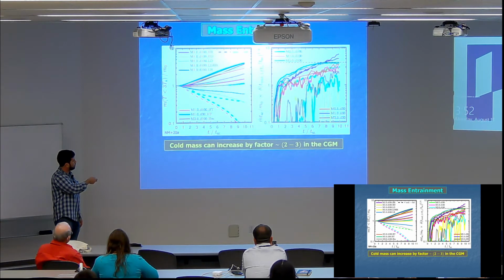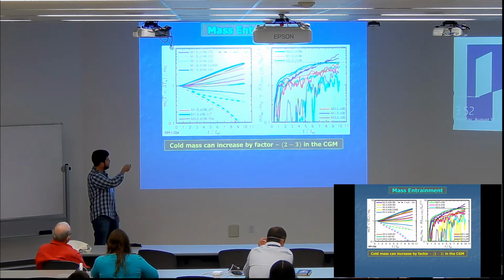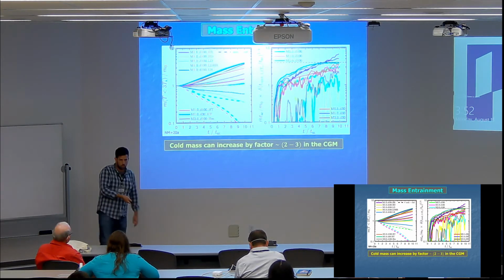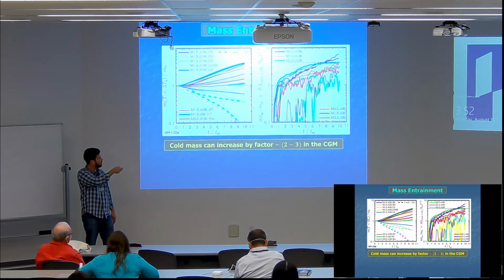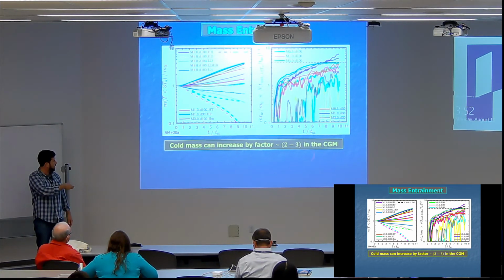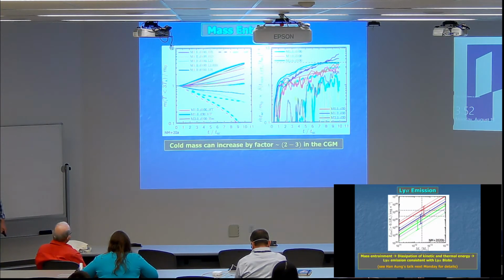You can actually look at the entrainment rate, how quickly the CGM gas is being entrained onto the stream. The dashed line here in this normalization is an analytic prediction for the asymptotic entrainment rate, and the simulations seem to approach the asymptotic prediction at late times, and the cold mass can indeed increase by a factor of a few in the CGM.